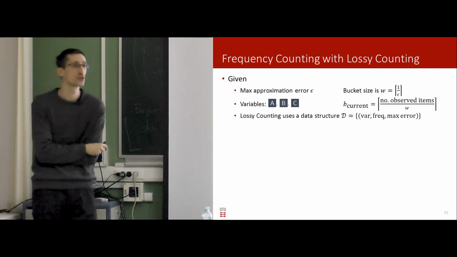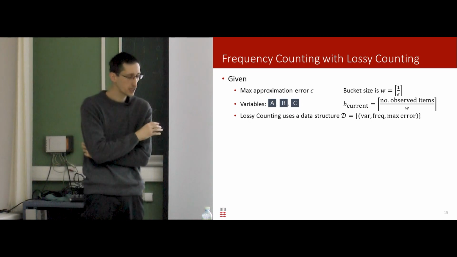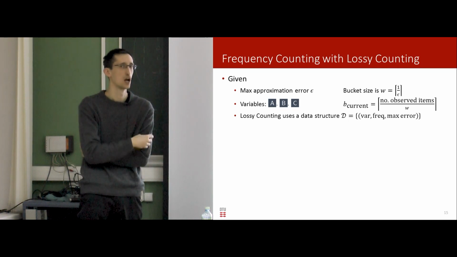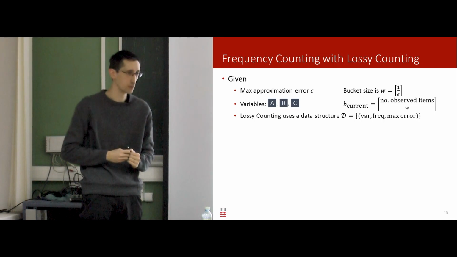The other two approaches, those based on lossy counting, start from a different idea. The idea of these algorithms is to count how many times variables are observed in a stream.